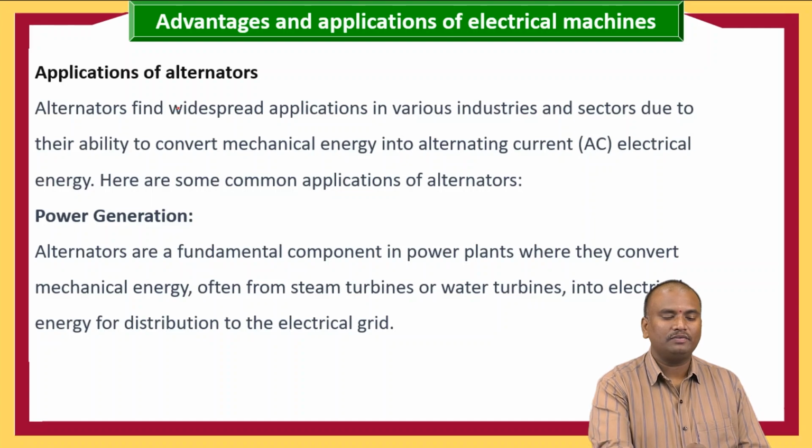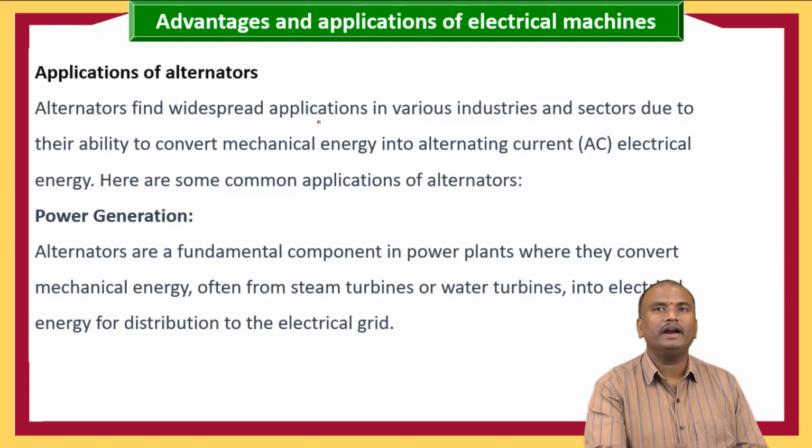The applications of alternators. Alternators find widespread applications in various industries and sectors due to their ability to convert mechanical energy into electrical energy. Here are some of the applications of alternators.